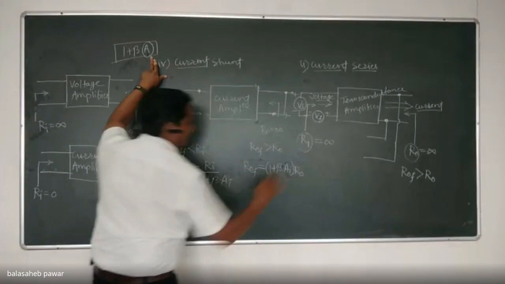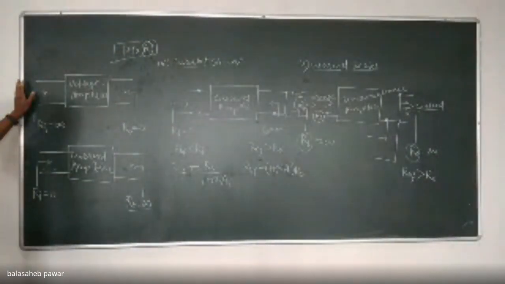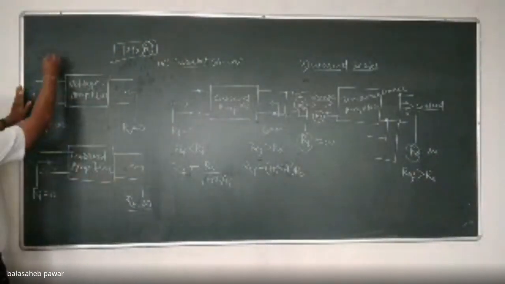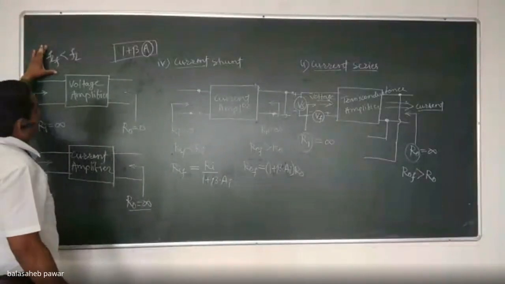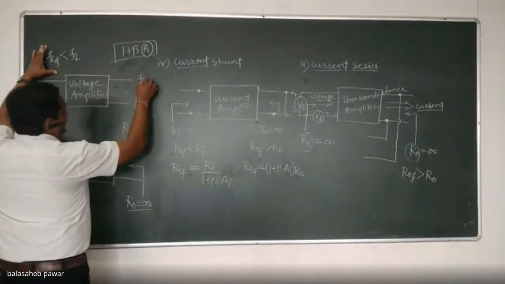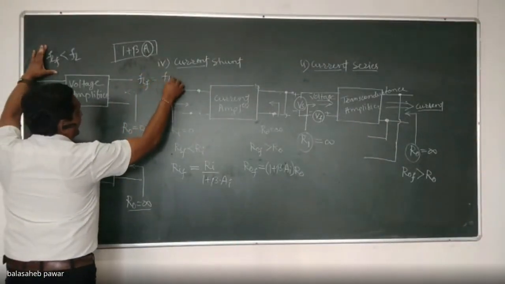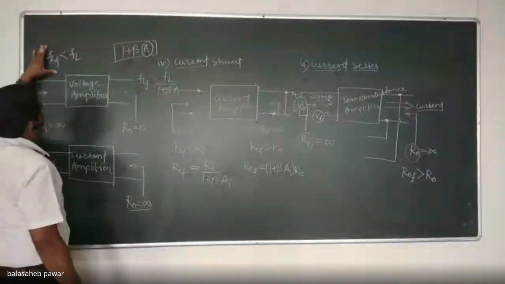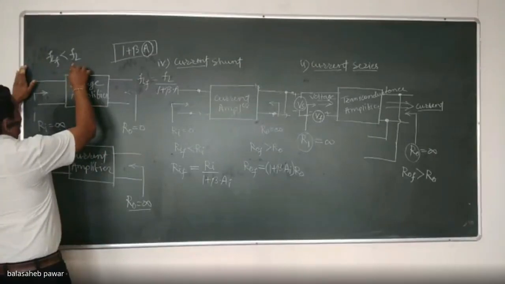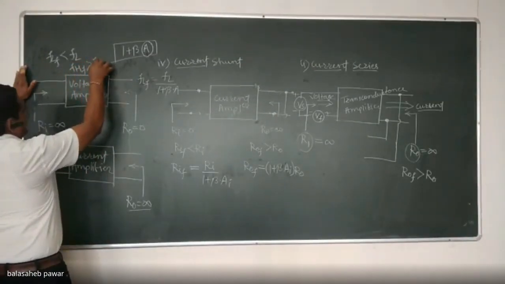Is it clear? During last time also, I already explained, as FLF is less than FL, how do you compare it? FLF will be equal to FL by 1 plus beta A times. As FHF is greater than FH, how do you write it?